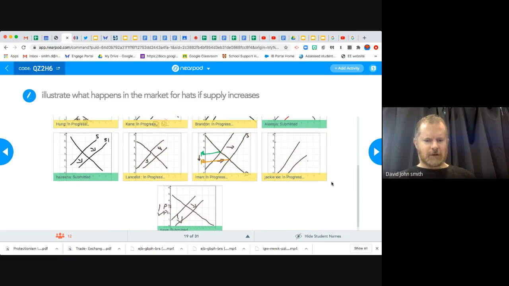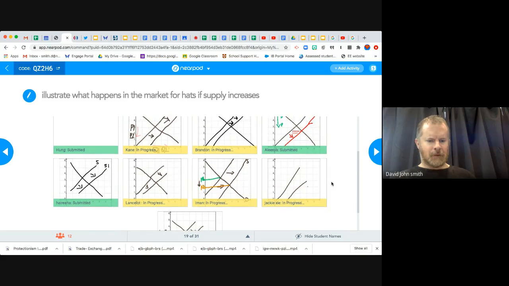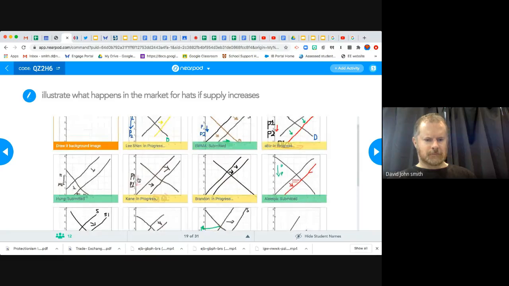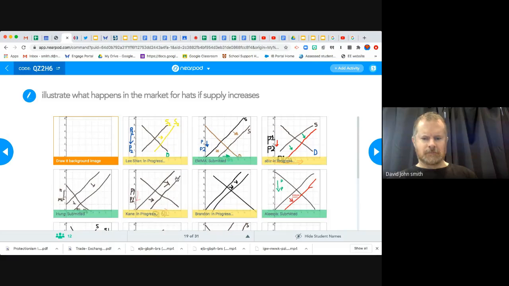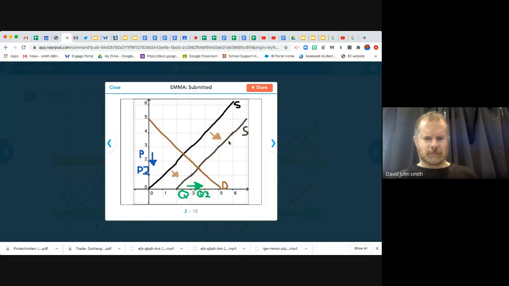Good work, Lancelot. That's the right direction now. Well done, Harina. Remember to see if you can identify what's going on with prices and quantities. I really like your work, Emma. Well done. Look at that.